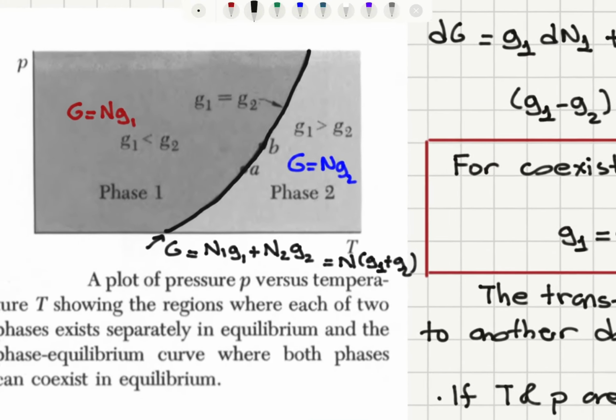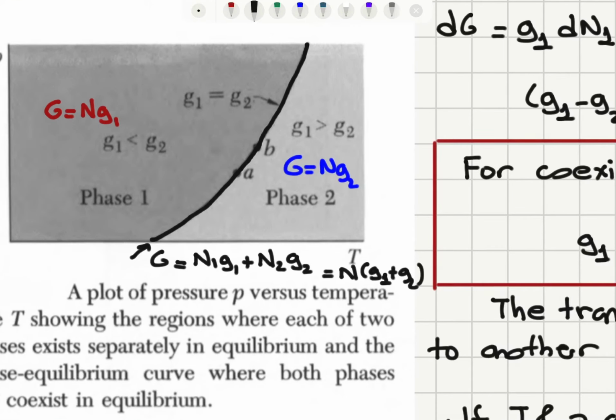And so you can see here for phase 1, capital N G1, and for phase 2, capital N G2, are minima. For the curve of coexistence where G1 and G2 are the same, we have N1 G1 plus N2 G2.